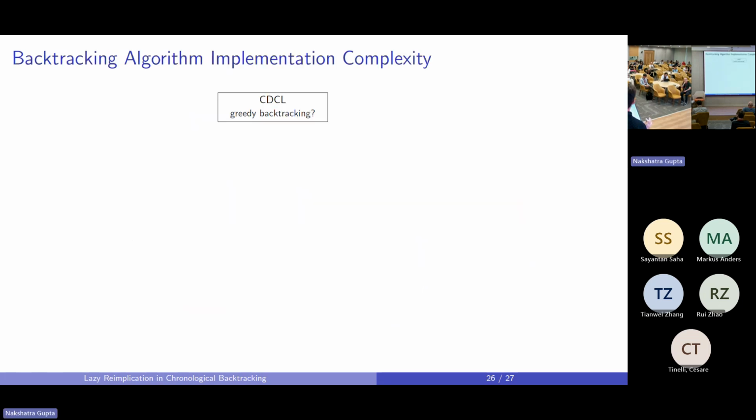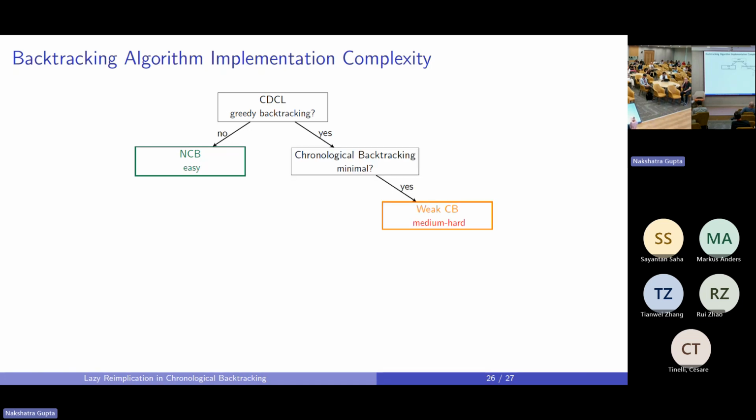So to summarize, we have the CDCL algorithm. Either we take the easy route. I mean, non-chronological backtracking is still not trivial, but let's call it the easy mode. Or we want a less aggressive way of backtracking. We can do the weak chronological backtracking, which in my mind doesn't make a whole lot of sense.